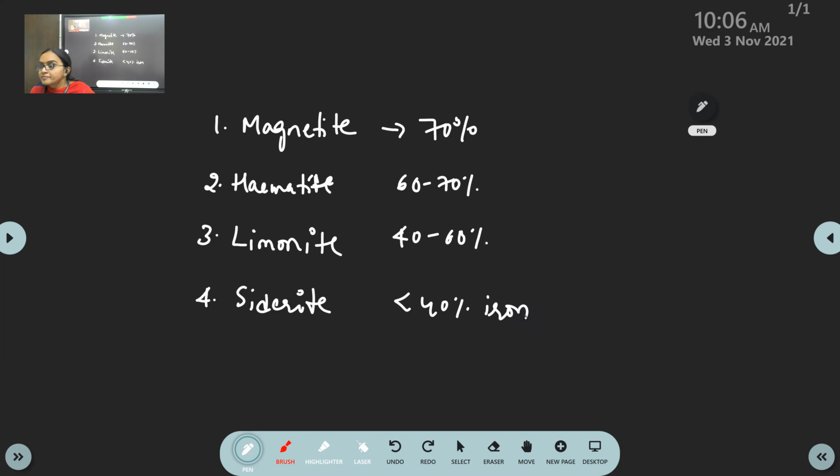In brackets note down: Sandur Hospet area, where is it? Bellary. Sandur Hospet area of Bellary district.